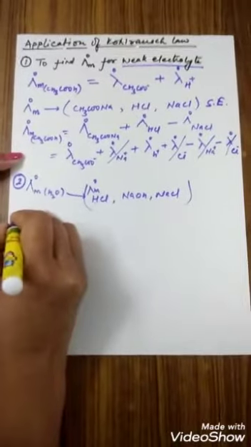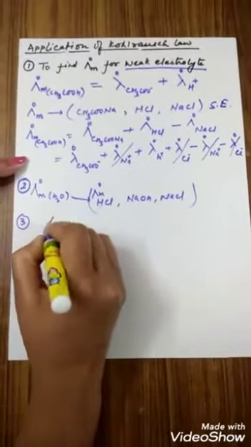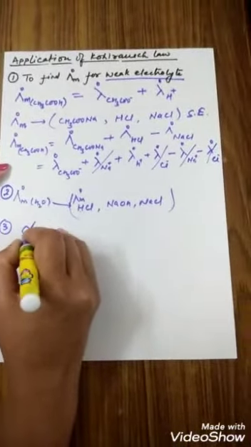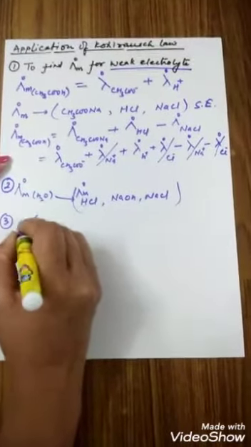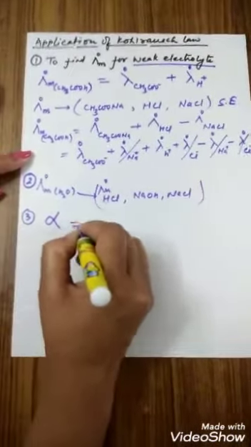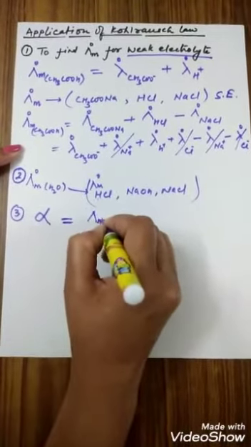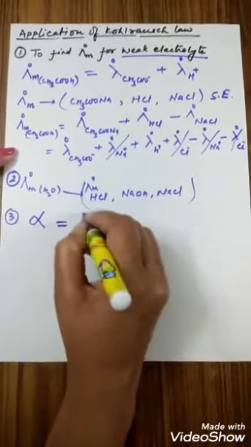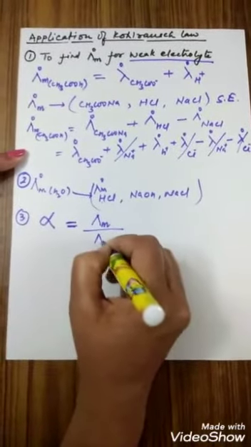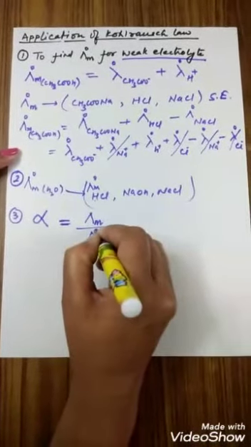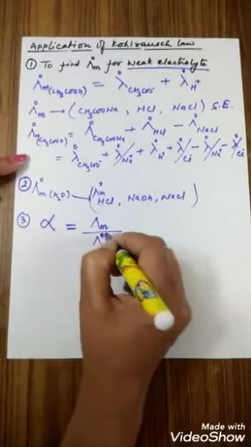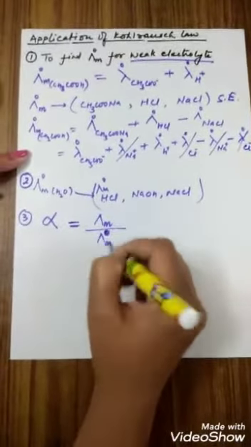Another application of Kohlrausch law is that you can find the degree of dissociation, alpha. You must understand this sign. The degree of dissociation for any weak electrolyte can be represented using lambda m, the molar conductivity at any concentration, and lambda m naught, the molar conductivity at infinite dilution, when the concentration approaches zero. This is the limiting value.